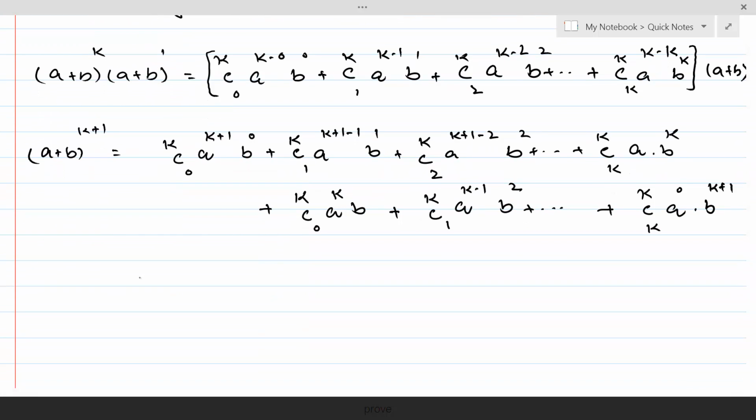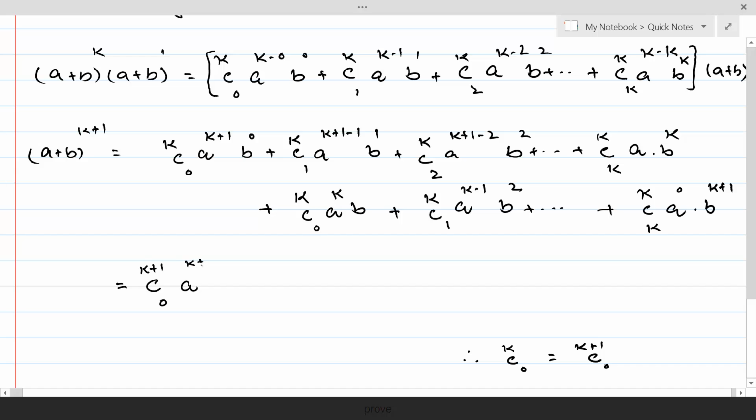So now whatever we have, we can see that kC0 is the same as (k plus 1)C0, both are equal to 1, therefore we can write it easily as (k plus 1)C0 a^(k plus 1), and there is no need to write b, but if you want to write, that is b^0.